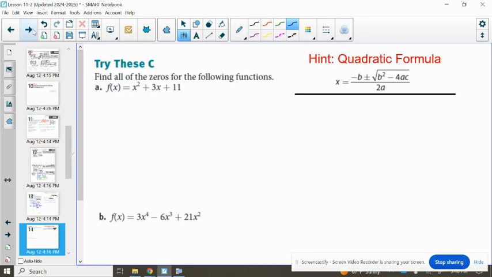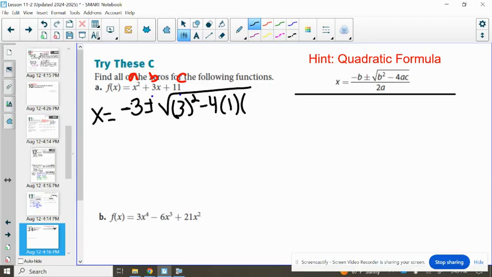So a couple of examples here. In letter A, we have a non-factorable. Nothing's going to multiply to be 11, add to be 3. So this is where we want to use our PAL, the quadratic formula. So x equals, because we have A, B, and C, x equals negative b plus or minus the square root, b squared minus 4 times a times c, all over 2a.